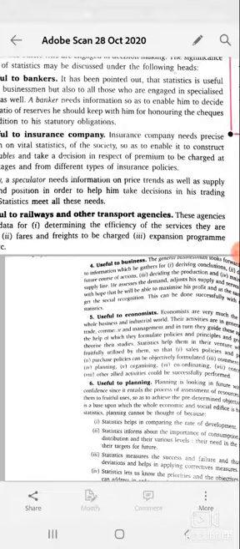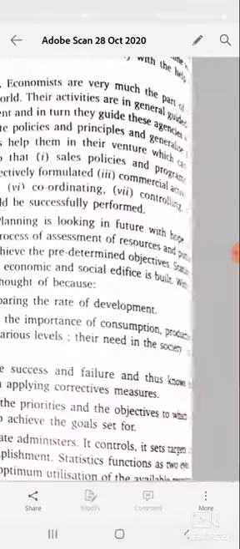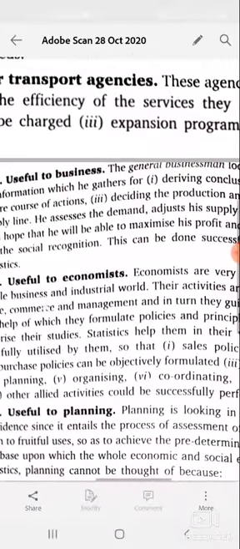So statistics helps these transport agencies to expand and grow their business, and increase the resources for their customers.